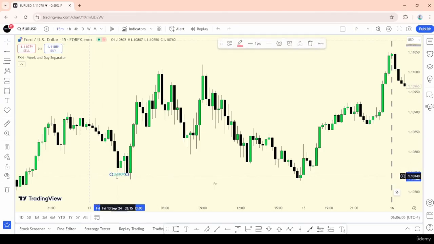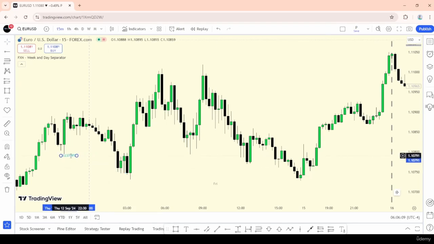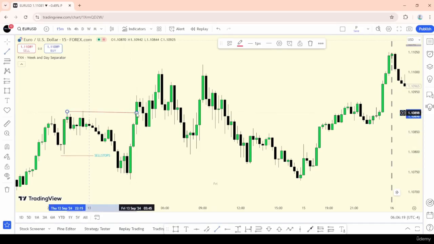Yes, you can outline this one, or you can also outline here. So immediately price went high, it broke market structure. This is our market structure shift.